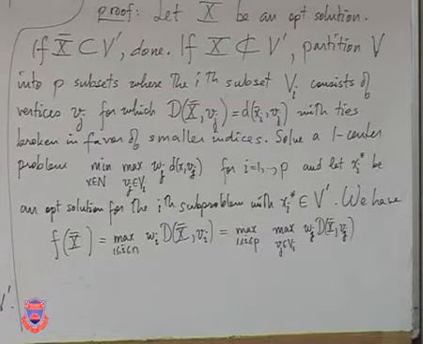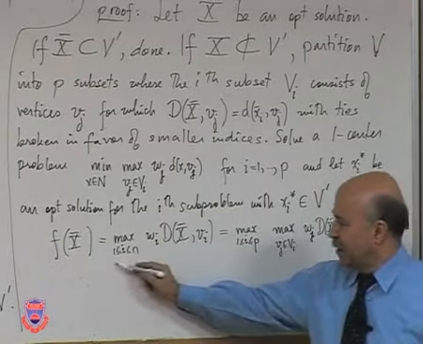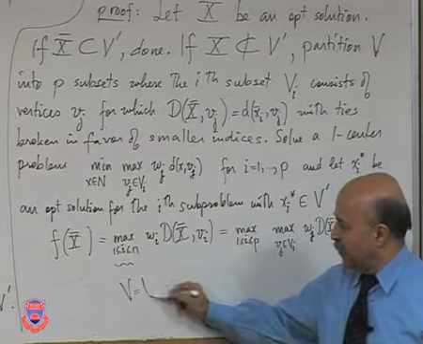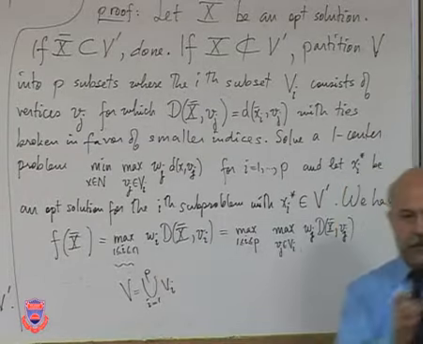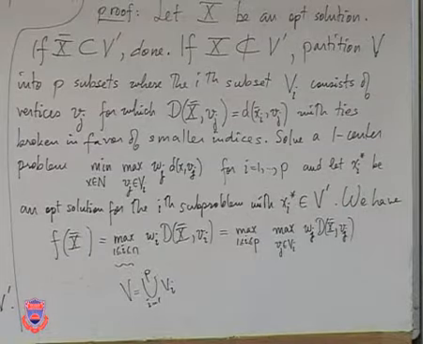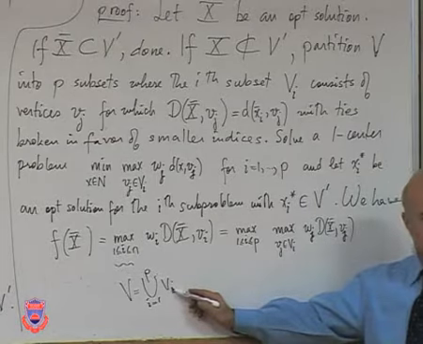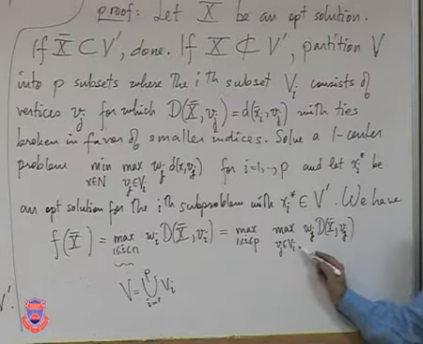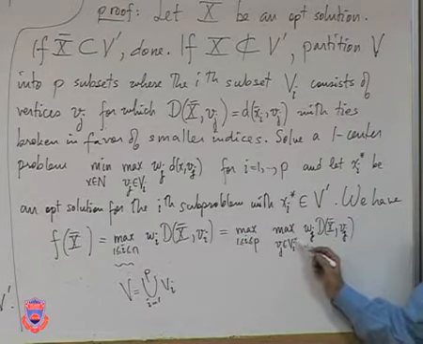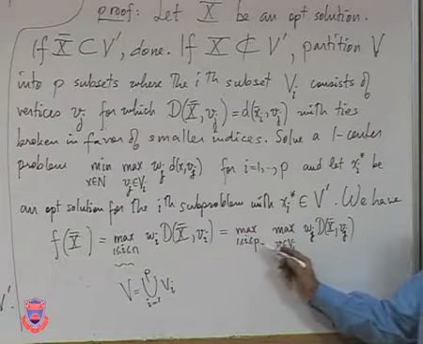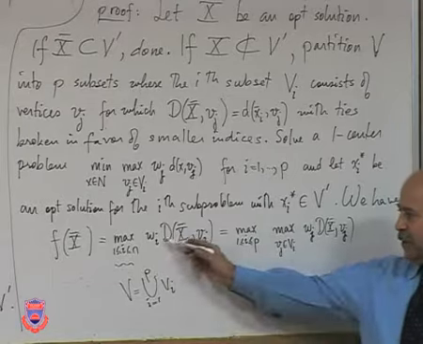Does everybody agree with this? Well, this is a simple operation here. All I'm doing is the vertex set here is the union of Vi's, i going from 1 to p. So I'm separating the maximum operator into subsets Vi. For the ith subset, I'm simply looking at the same function, find the maximum of it, but I repeat this for each partition, and whatever the maximum of all these partitions will be the same as that one.